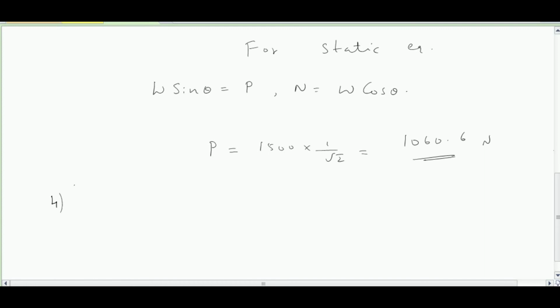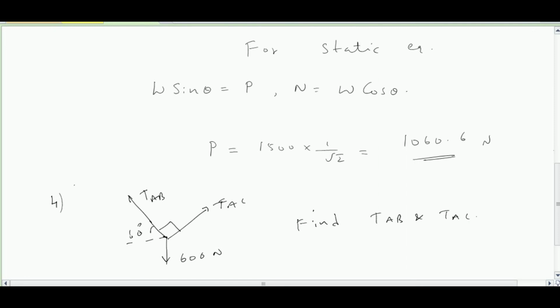Here are three forces acting in the given directions: TAB, TAC and 600 newtons. The angle between TAB and TAC is 90 degrees. They have given an angle of 60 degrees between the horizontal line and TAB.